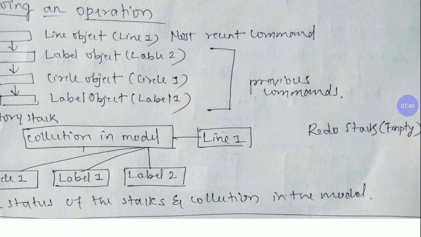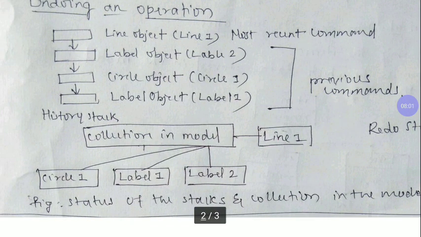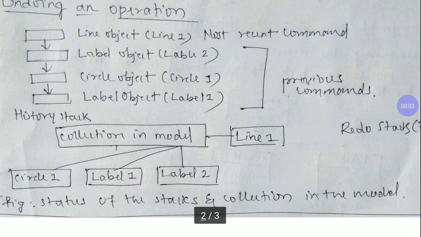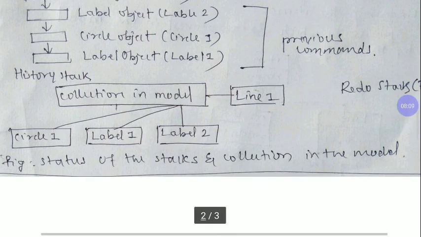Suppose once again you perform the redo operation: the element is popped from the redo stack, pushed onto the history stack, and appears in the collection in the model component. Here you see the diagram.